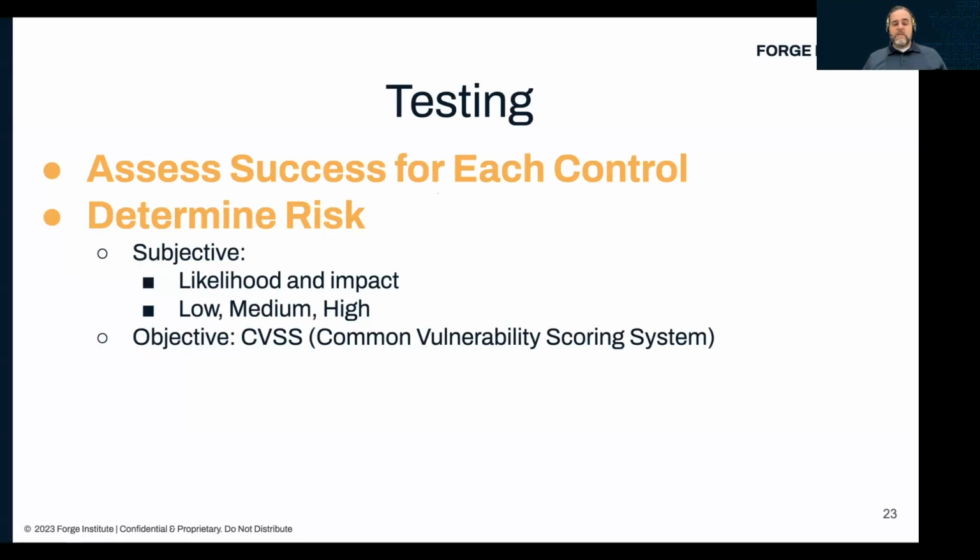If you've ever run something like Nessus, a vulnerability scanner, you've probably seen the CVSS base score in there and references to the temporal and the environmental components of that. But the problem with that is it works well for technical vulnerabilities, not so well for other vulnerabilities. So the subjective and the objective options each have their own pros and cons. So just know that. But that's another reason having somebody who's deeply knowledgeable about risk management is very important as you grow into the maturity of your security program.